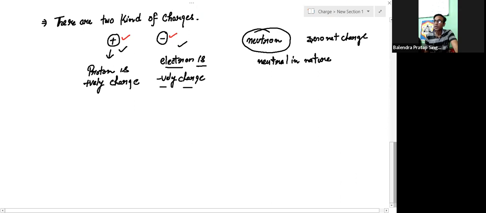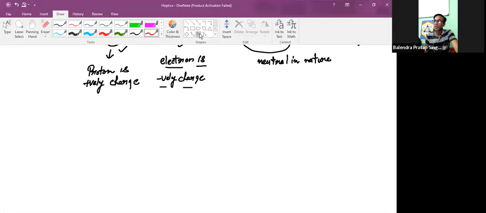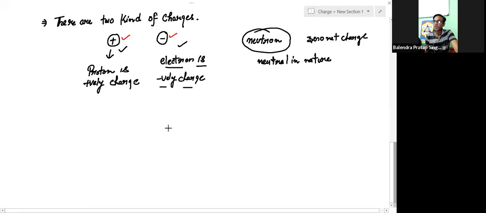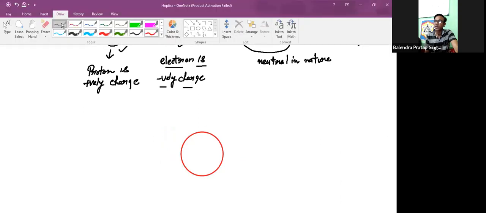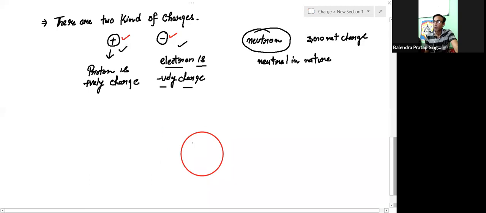Okay, so if you want to imagine these charges, let me draw an atom. Suppose this is the nucleus of an atom. Inside the nucleus, protons exist. Suppose this is a proton, positive charge, this is another proton, and another, and another.